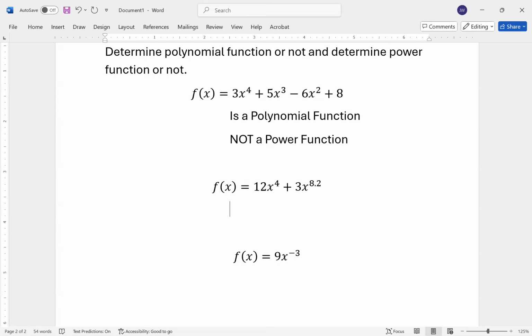And it's also not a polynomial. That is not a polynomial function because x in the second term is being raised to the 8.2 power, and we need whole number exponents for it to be a polynomial function.